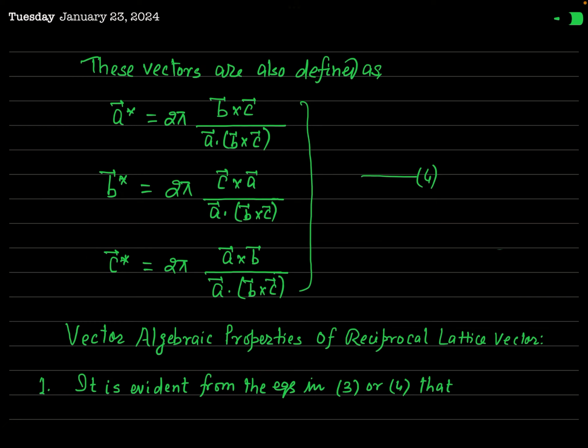In crystallography, A star is defined by 2 pi times B cross C over A dot B cross C, and B star is equal to 2 pi times C cross A divided by A dot B cross C, and C star is equal to 2 pi times A cross B divided by A dot B cross C. This is just a convention, and in crystallography this definition is more convenient.